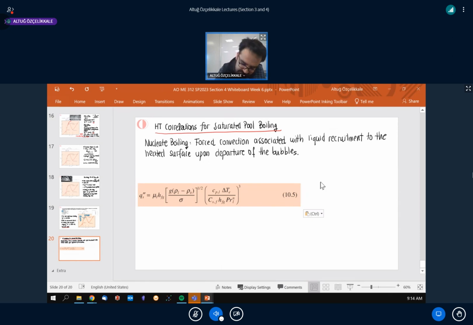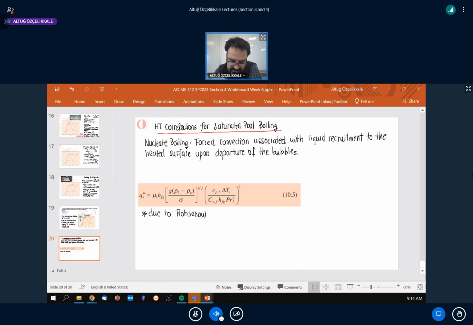This correlation is due to Rohsenow. That's one of the most frequently used correlations that we're also going to be using in this class. And that's equation 10.5. There are a few parameters in this correlation.